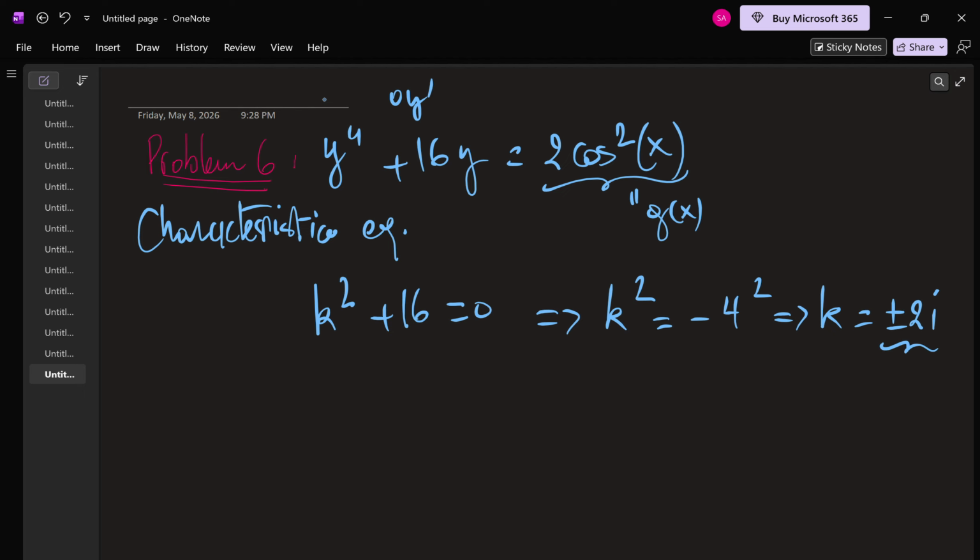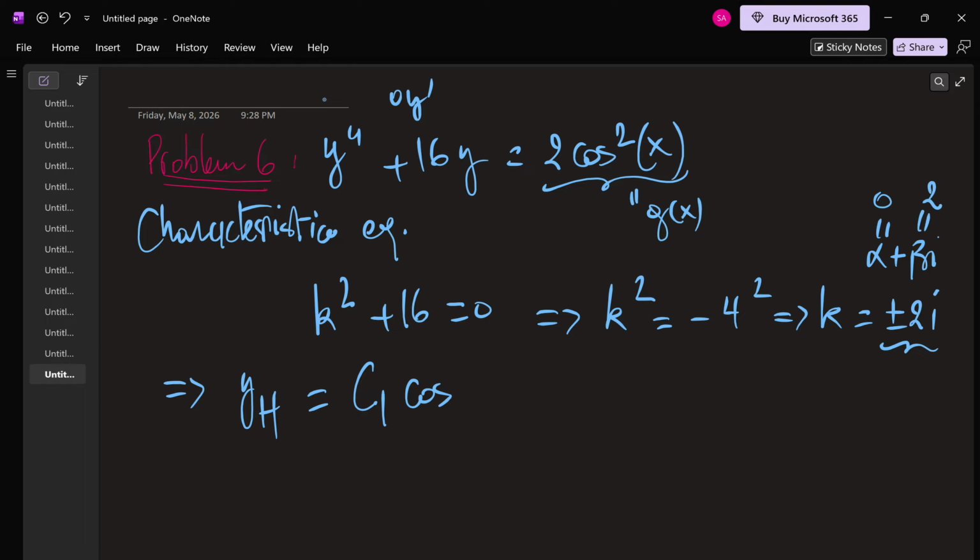So the homogeneous solution yH is c1 times cosine. Remember, it is of type alpha plus beta i, and here alpha is equal to 0 and beta is equal to 2.